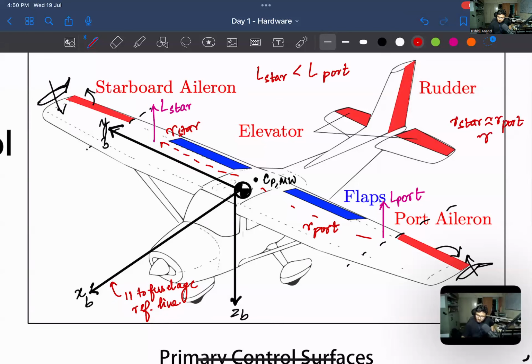So we take the moment L starboard into R and it is going to be in the opposite direction to the port side lift moment. So we are going to see that this moment is not zero. It's some non-zero value. So basically, I am experiencing a moment in this direction. So my aircraft is going to roll. So ailerons help in rolling.